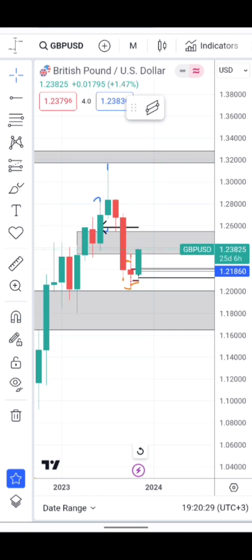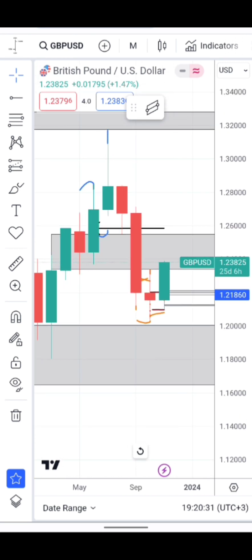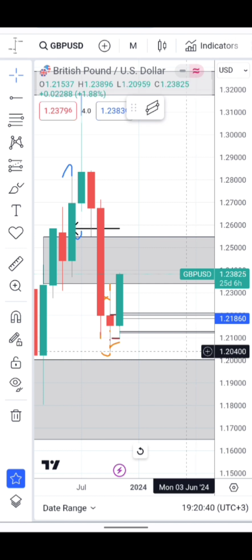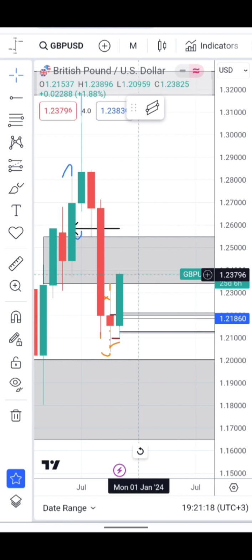But if we zoom in closely, in reference to previous week's price action, there was NFP on Friday. You can see this candle here.